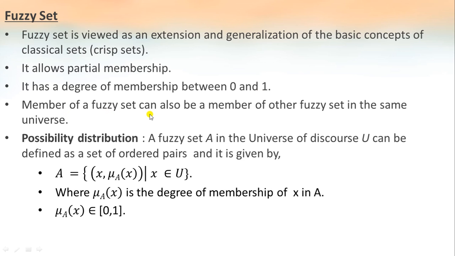Also, a member of a fuzzy set can also be a member of other fuzzy sets in the same universe. Here, a distribution, that is a possibility distribution, is defined.